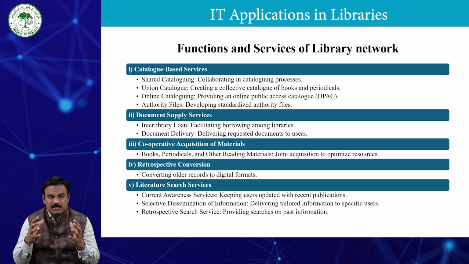Another service is literature search service. They can be imparted through these library networks. For example, current awareness service to keep the users updated with recent publications, recent developments in their field of interest, and the selective dissemination of information, delivering personalized, tailored information to specific users according to their needs.